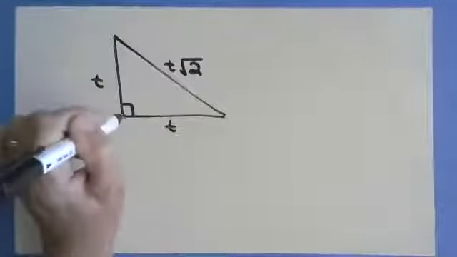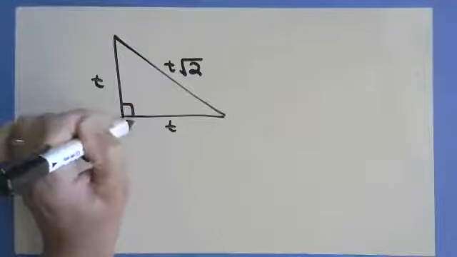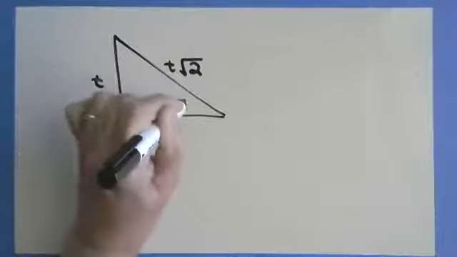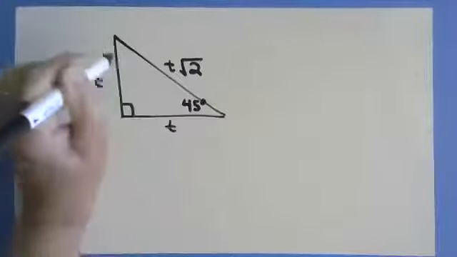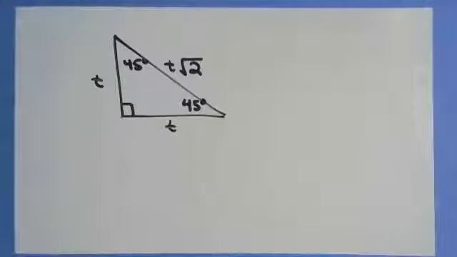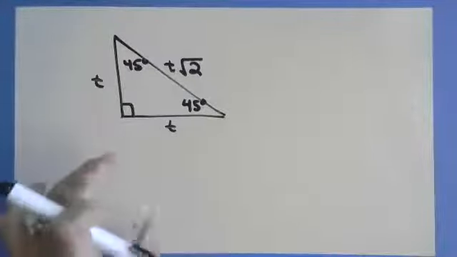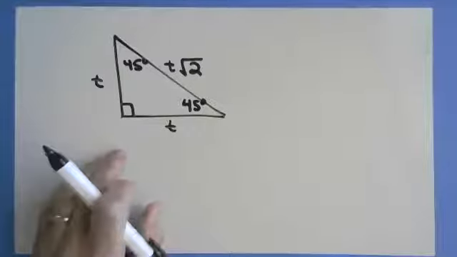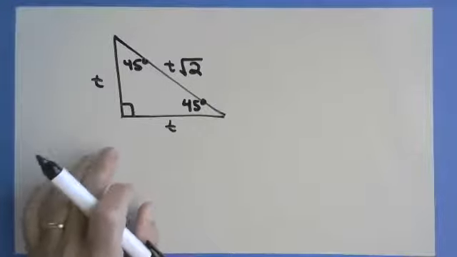And we saw that when you look at the right angle, the other two angles are congruent, and they both measure 45 degrees. This is one of the special right triangles that you need to know.